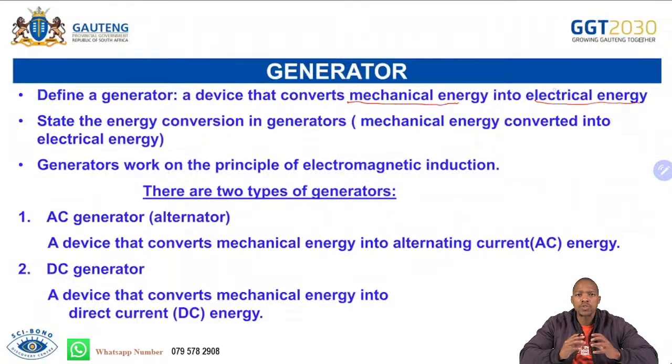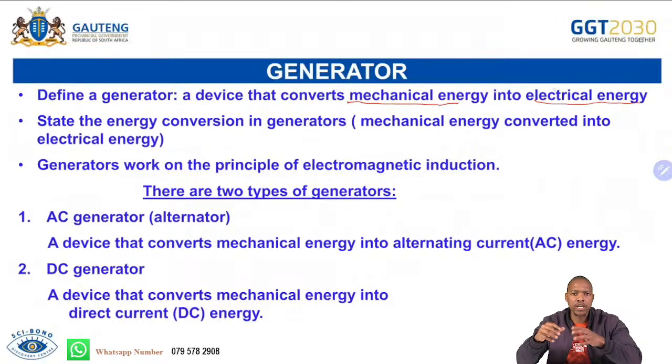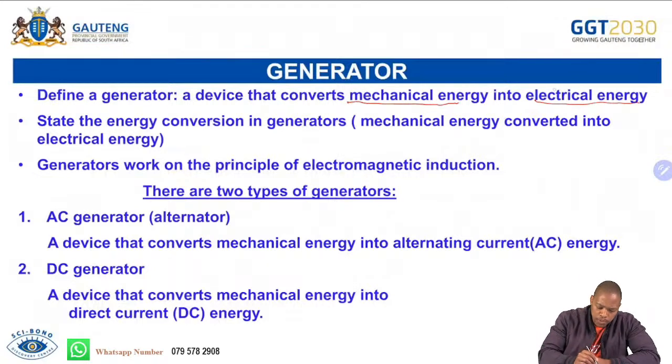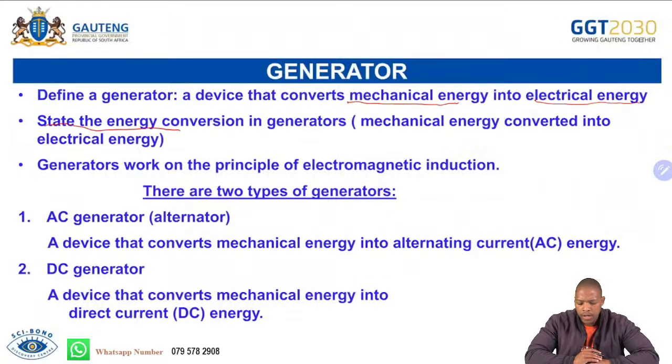Therefore, you must always know the end result of a generator. At the end of the day, it must give me electricity. Therefore, the energy it ends up with must be electrical energy. So it converts mechanical energy into electrical energy, because at the end of the day, after using a generator, I get electricity.